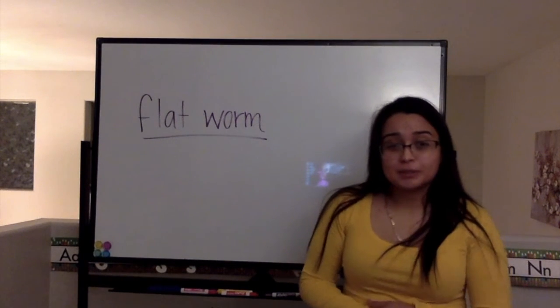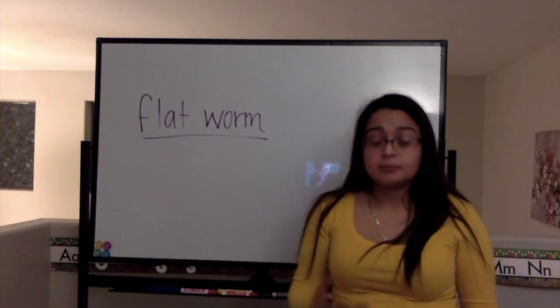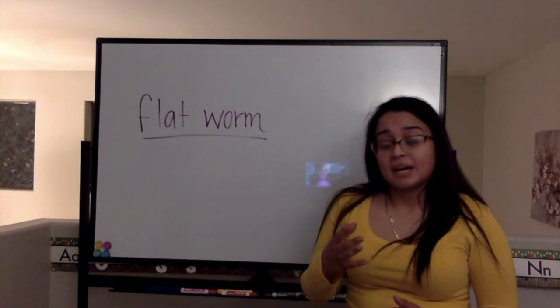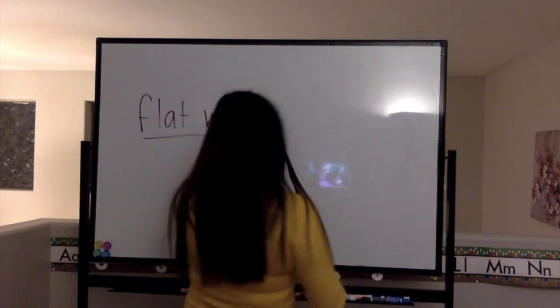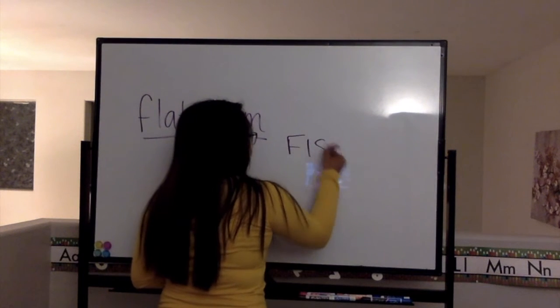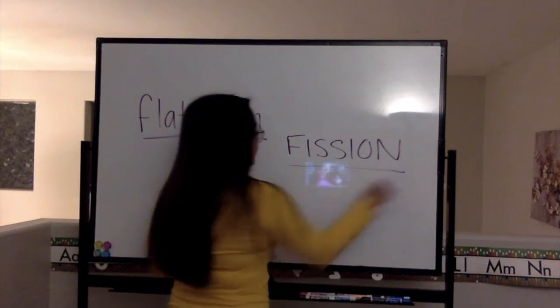Flatworms reproduce asexually, so it doesn't need a male and a female, but they actually reproduce by fission. Okay, that's this one. Fission.